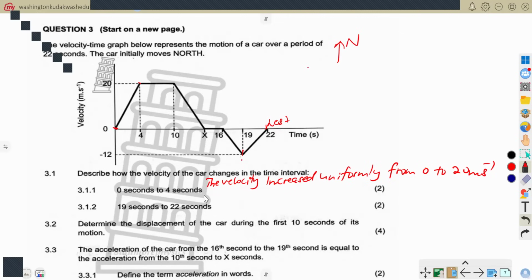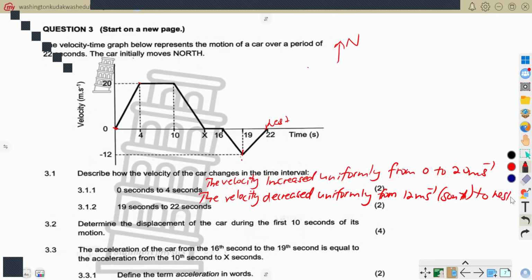So here you would say that the velocity decreased uniformly from 12 meters per second south to rest, which is just 0 meters per second.